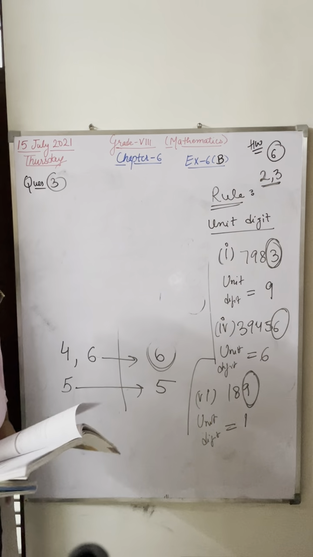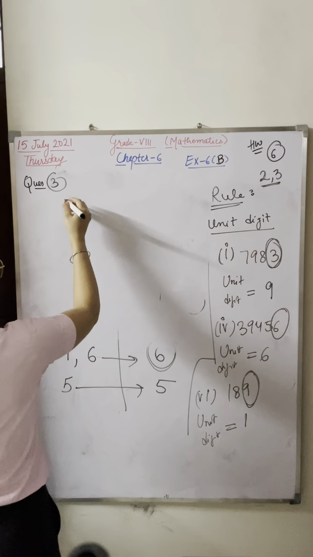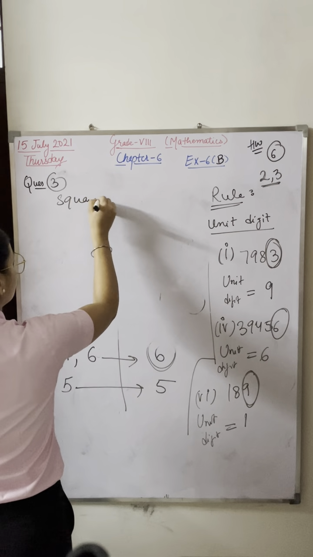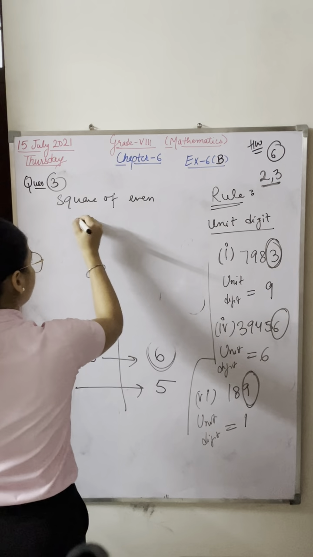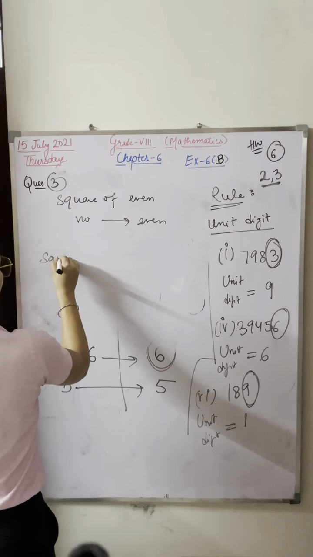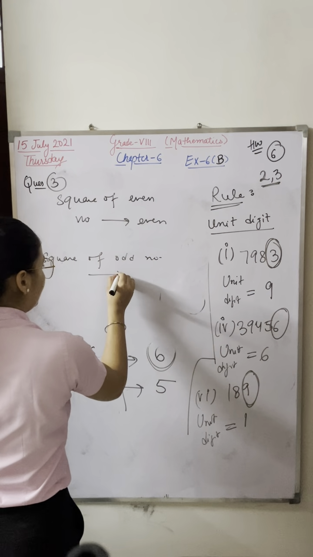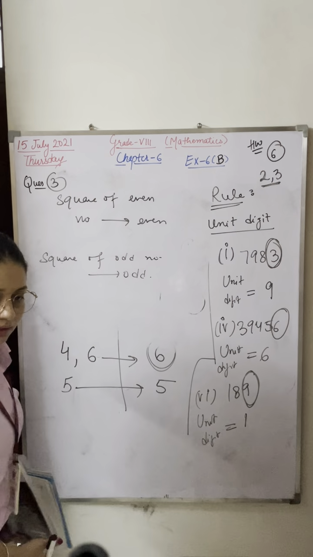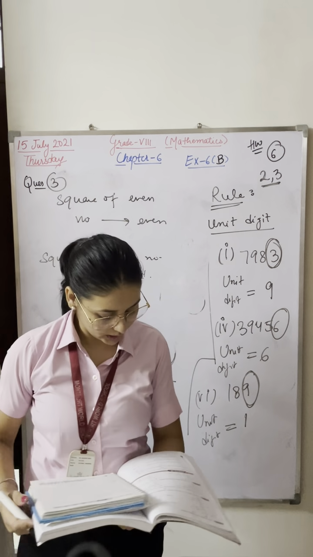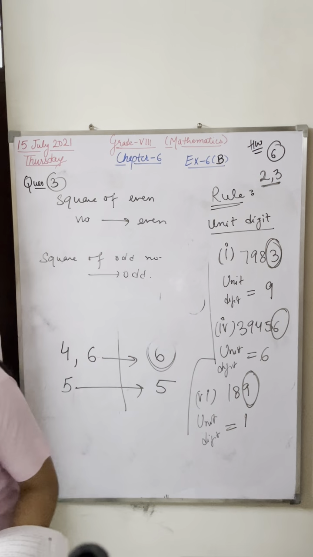I'm telling you one thing, there is a rule. Squares of even numbers are always even. Squares of odd numbers are always odd. Now I'm telling you with the question.